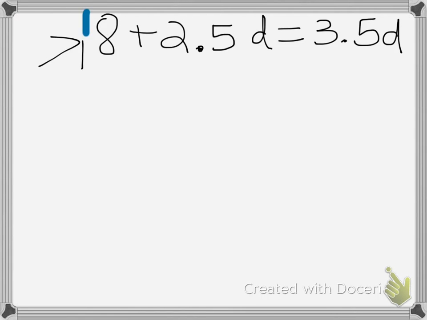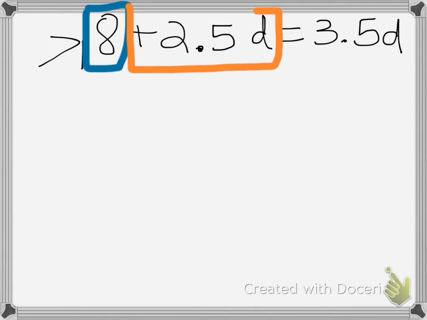So I've got positive 8 here, and then I've got plus 2.5d here. So what I'm going to do is subtract 2.5d from this side.